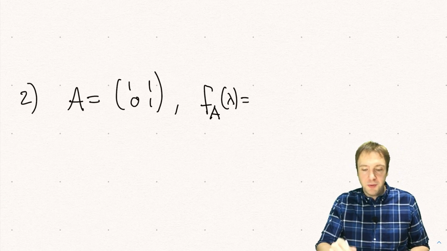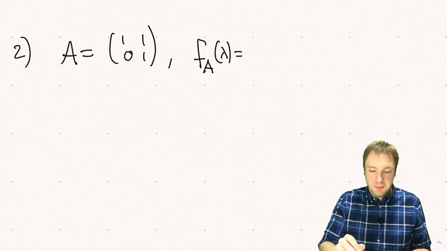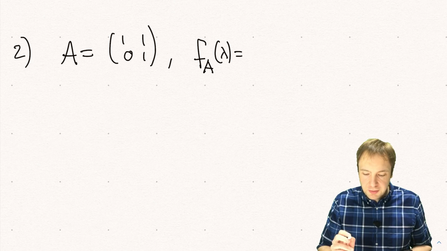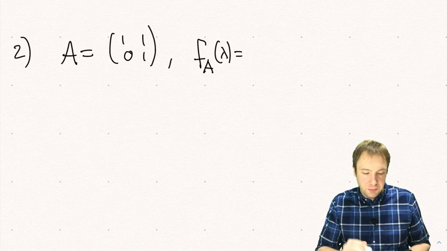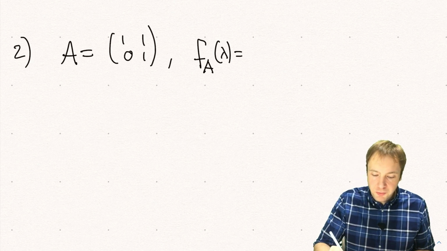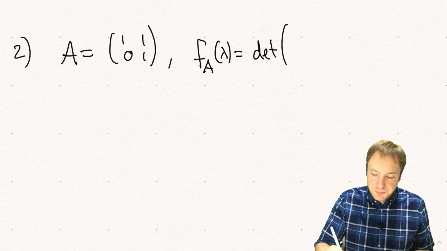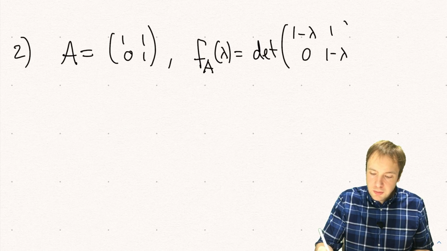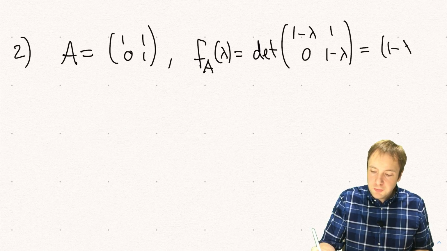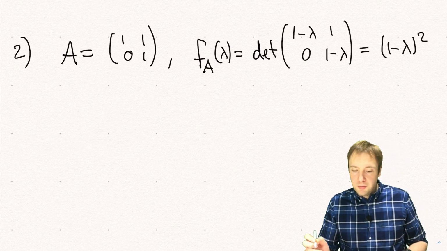So for example, if we take this matrix here, or the linear map attached to this matrix, then we can ask, well, what is the characteristic polynomial here? So it's a determinant of (1 minus lambda, 1; 0, 1 minus lambda). So this is (1 minus lambda) squared.